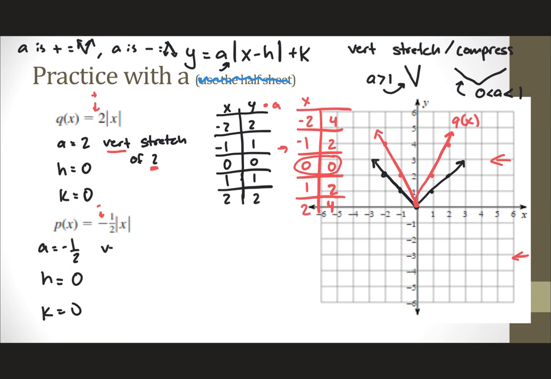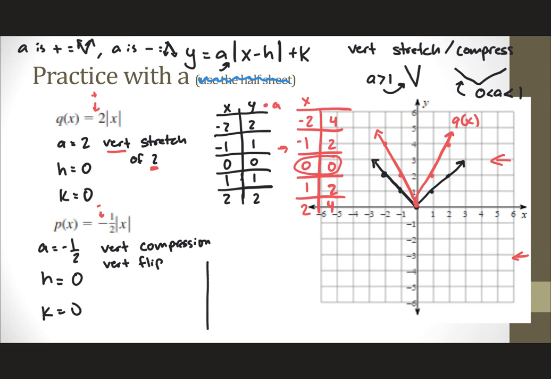I have a vertical compression, and a vertical flip. Okay, A has 2 jobs. So I have the 1/2. So that's going to be a compression, and A is negative, so that's going to be a flip.